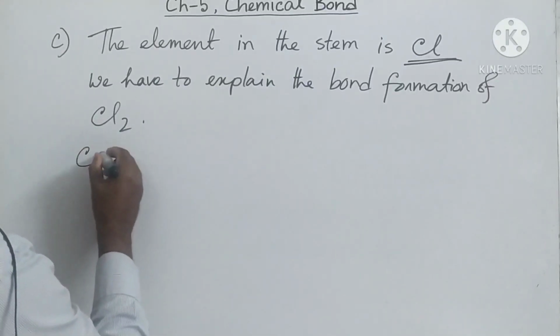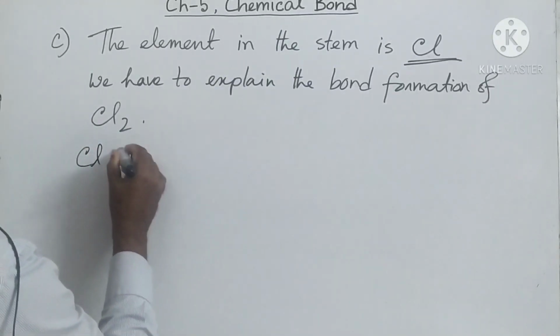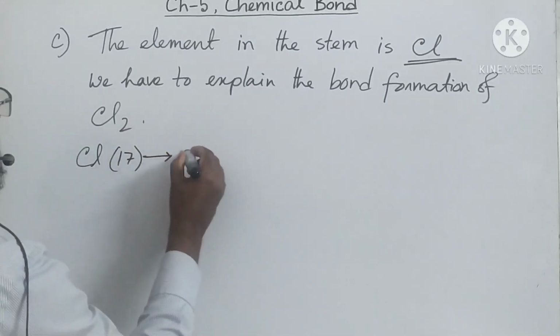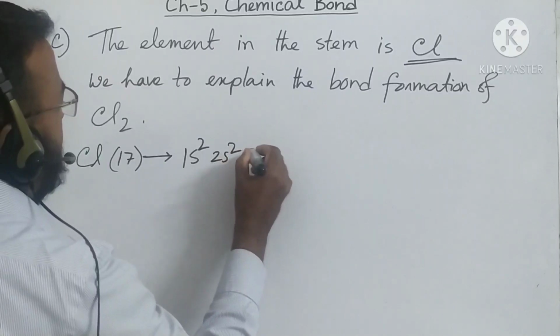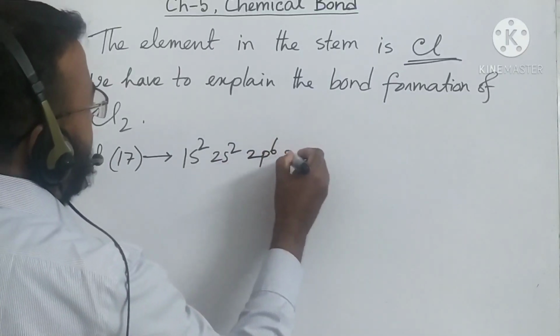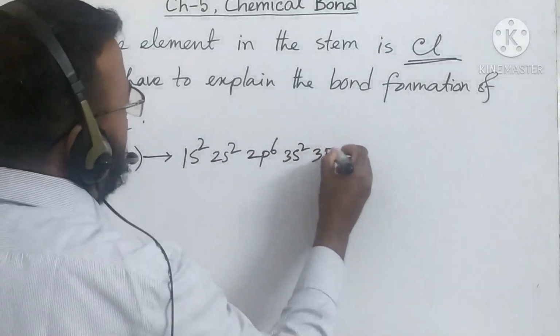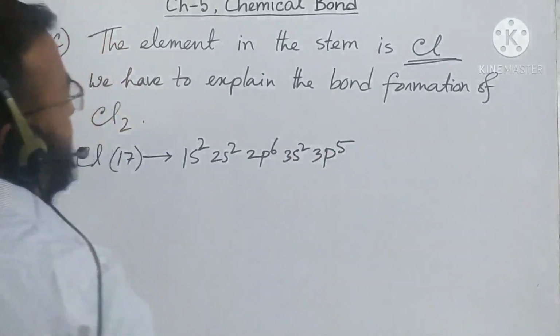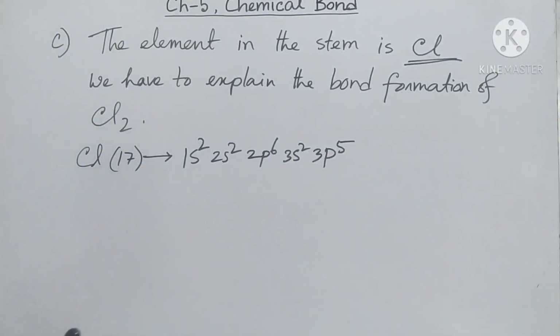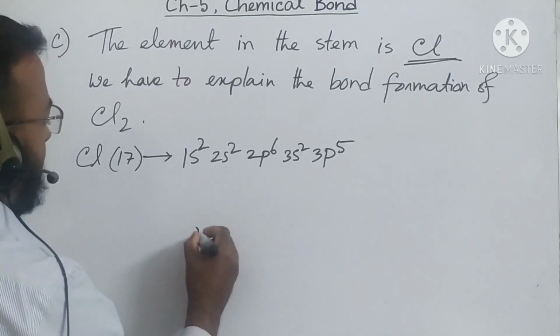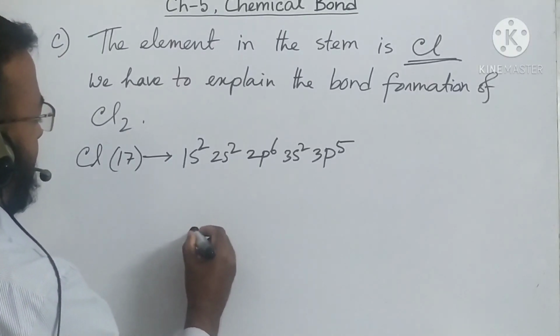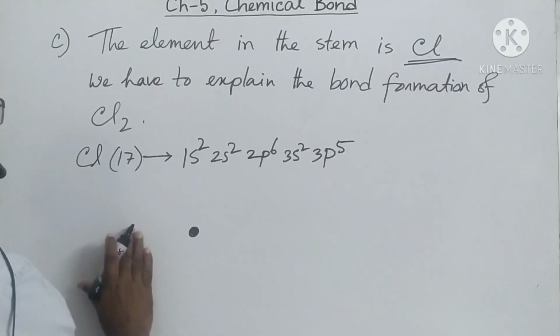Everybody see that the electronic configuration of chlorine is 1s2, 2s2, 2p6, 3s2, 3p5. Okay, now if we draw the diagram then it will be understandable.